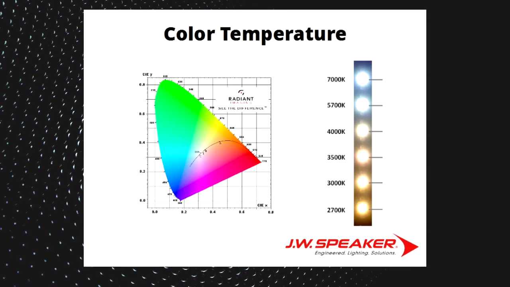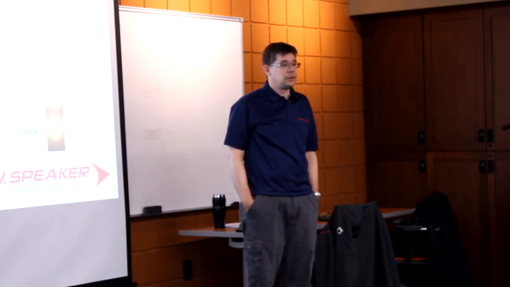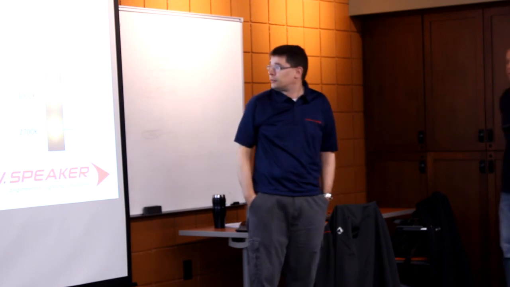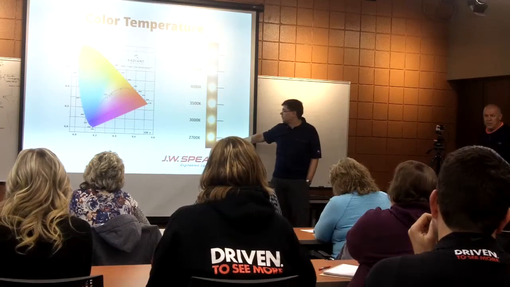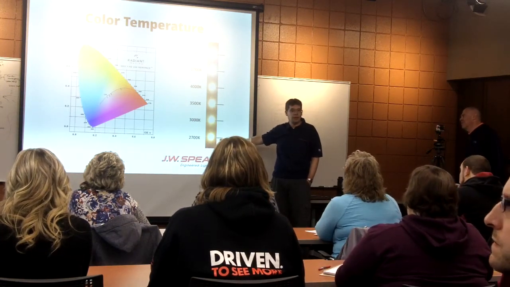I'm going to talk about one more term that we use a lot, which is color temperature, talking about the color of a white light. What I've got here is a scale showing various whites with different color temperatures. The lower color temperature, starting down here at 2700 K, is going to be more like a halogen bulb.